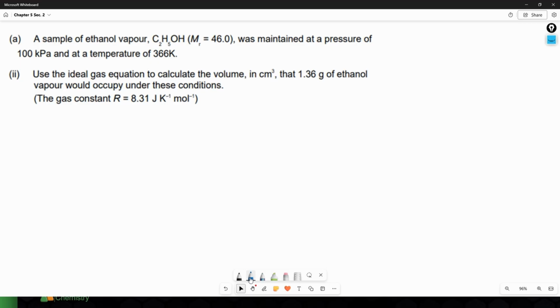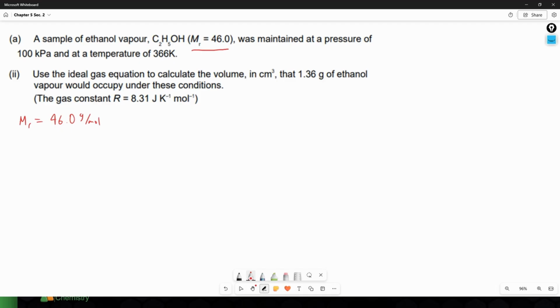Let's try this. If we look at this problem, we can, again, start by looking at what they're giving us. They're giving us that we have ethanol with a molar mass of 46.0. So we can write here Mr, in this case, is 46.0 grams per mole.